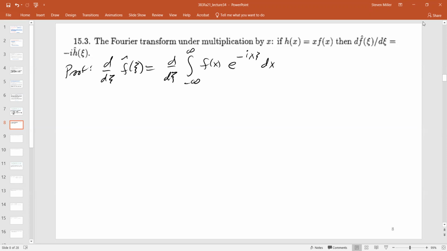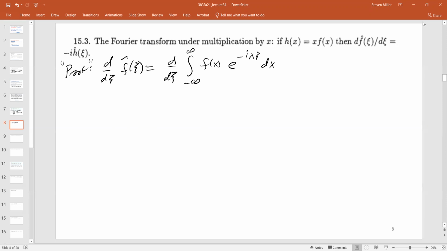And I actually got the exponent right. What do I do? Yep. And what does waving my hands allow me to do? Yep, switch things, yes.